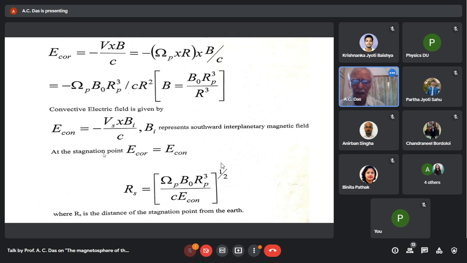If one puts all these values in it, then it is found that Rs could be almost equal to 4 Earth radii. So that is the distance of the plasmapause from the center of the Earth, and that is given by this relation.